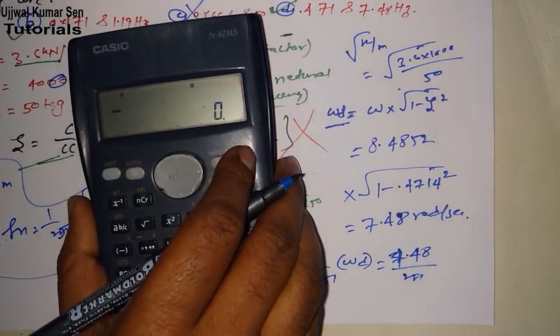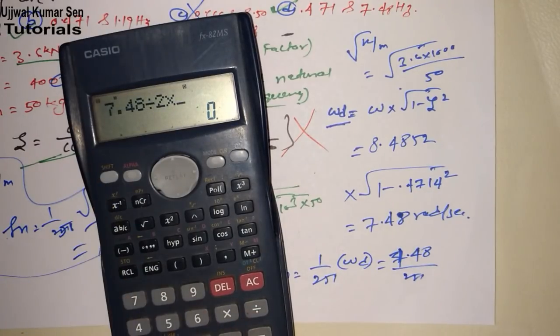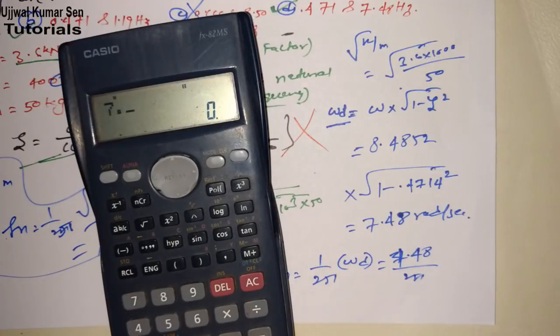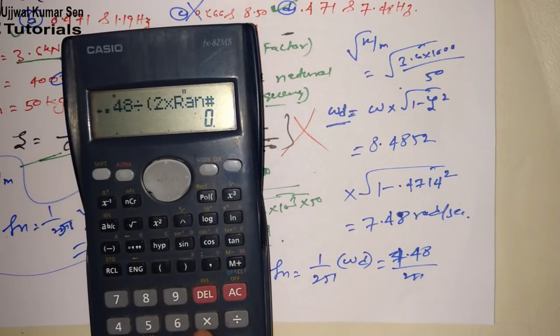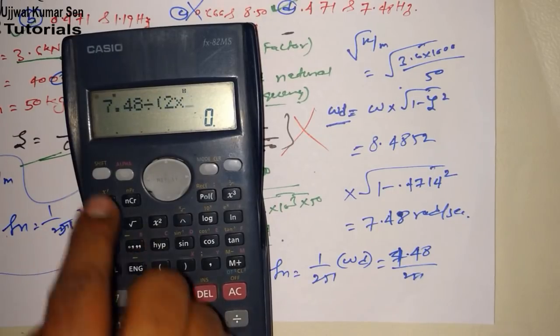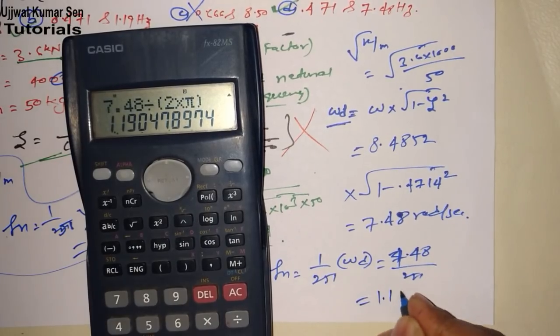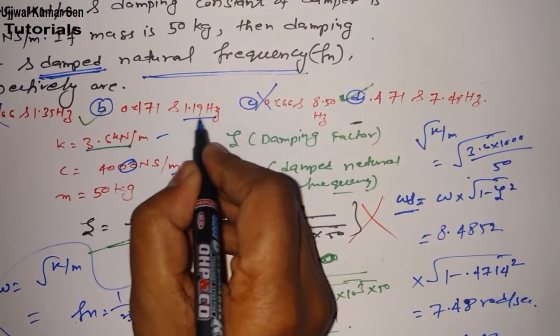What is the value we are getting exactly? 7.48 divided by 2 multiplied by pi is equal to 1.19 hertz. Now match this value with the options.